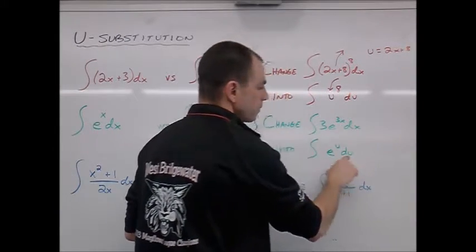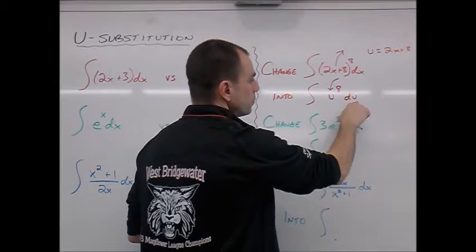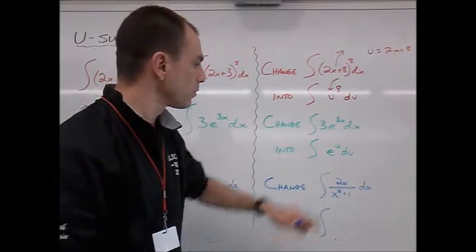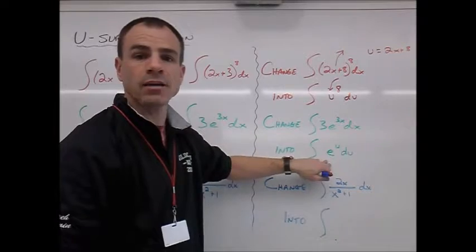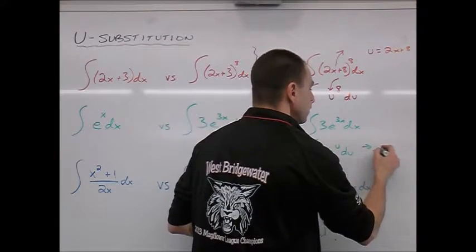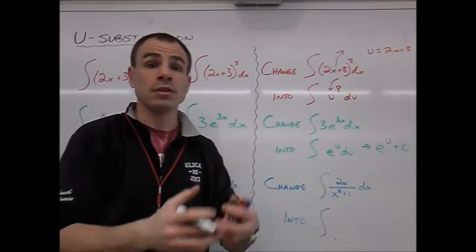Because we need our differential to match up with our variable. Now we need a du, no longer dx. Again, I'm going to talk about that in the next couple of videos. But what if we could turn this into that? Well, this is a nice, easy antiderivative. That's leading us towards e to the u plus c. That is something we can do.